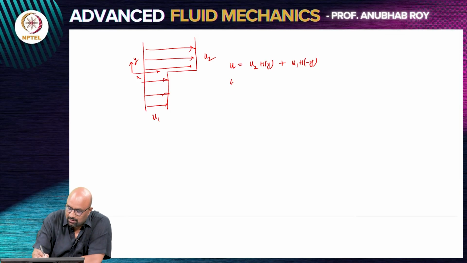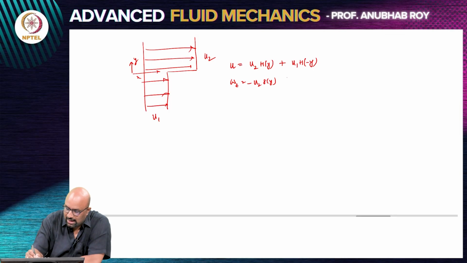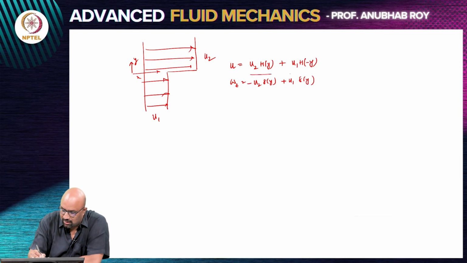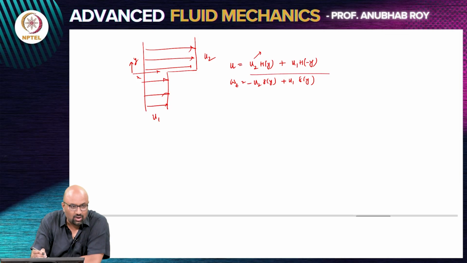So now if you take the vorticity, you will have an expression for velocity which is u2 when y is positive, and when y is negative it will pick up u1.